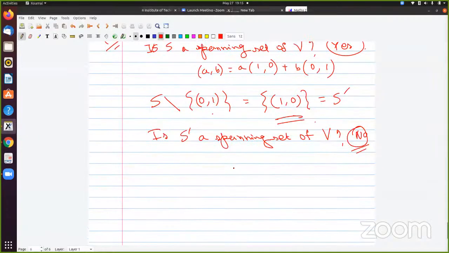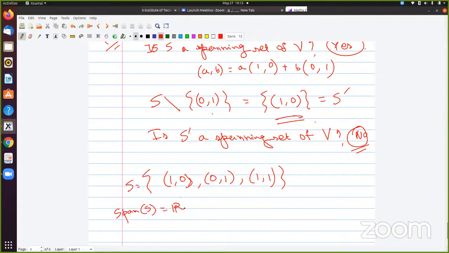In some cases it is maybe. Suppose I am taking S as 1 0, 0 1 and 1 1. The span of S is also R2, right? If I take V as R2, this is also a spanning set of V. Because only these two elements are generating the whole set, whether it is there or not does not matter.